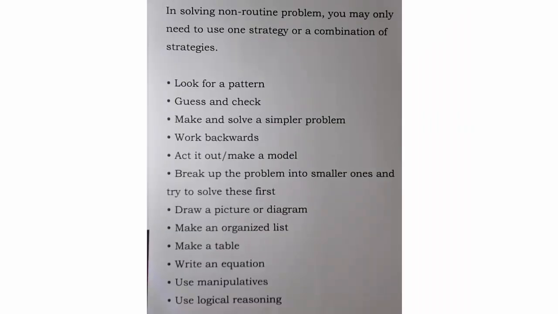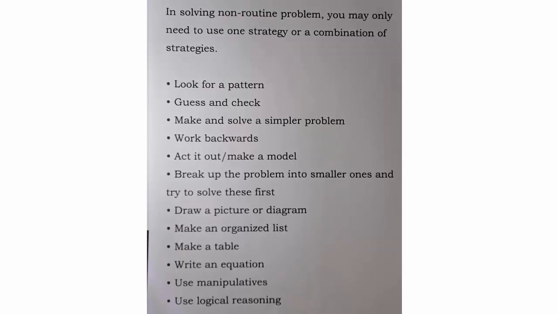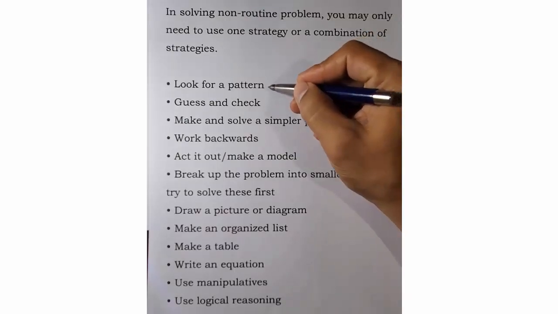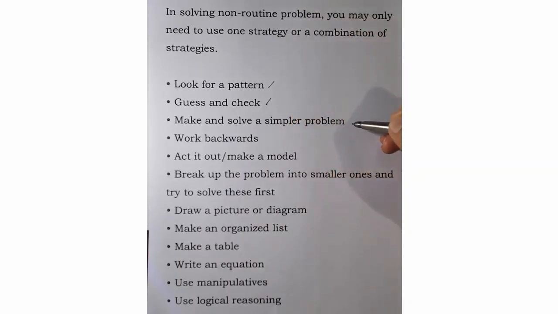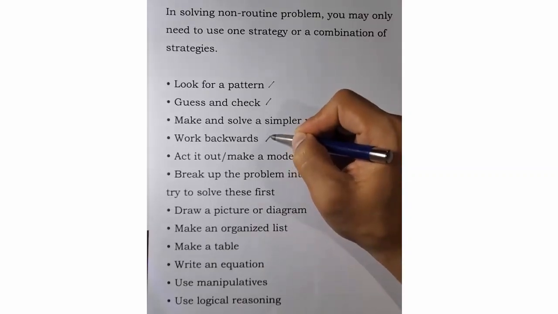In solving a non-routine problem, we may use the following strategies or a combination of any of them. We could look for a pattern. We could guess and check. We could make and solve a simpler problem. We could do backward solving.